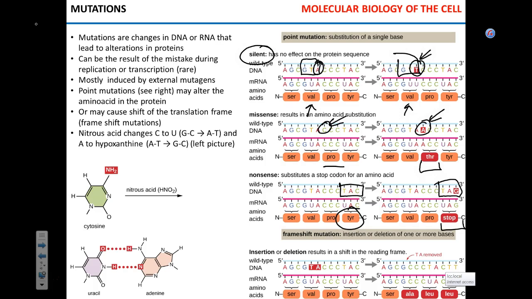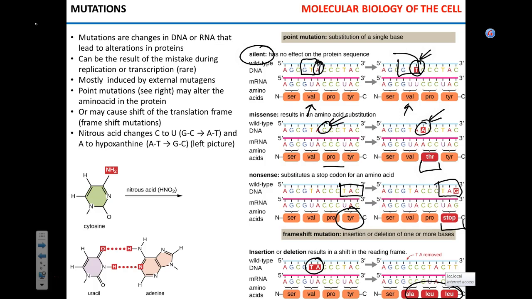What if you insert or remove a nucleotide? Like here, you have TA, you remove a couple of nucleotides. What's going to happen to the amino acid sequence? It's going to change. Everything after the insertion or deletion is going to change.